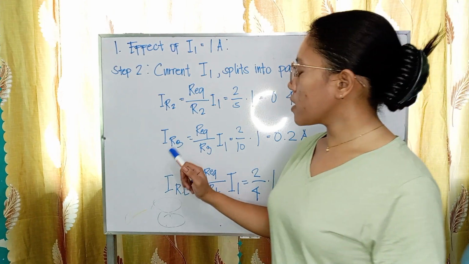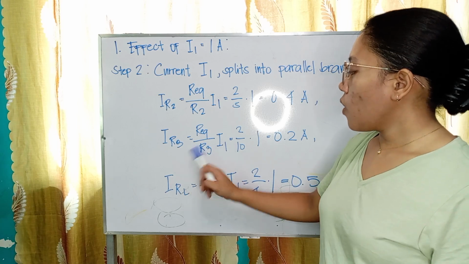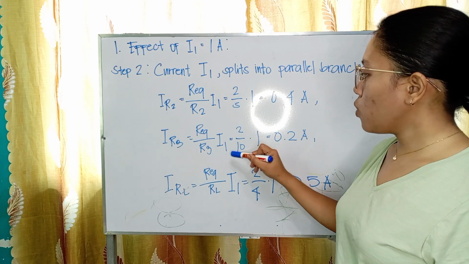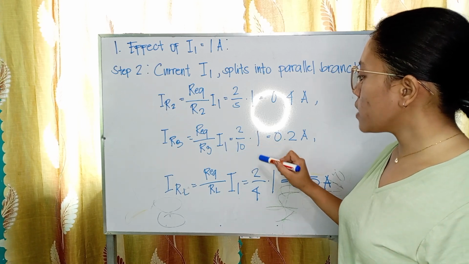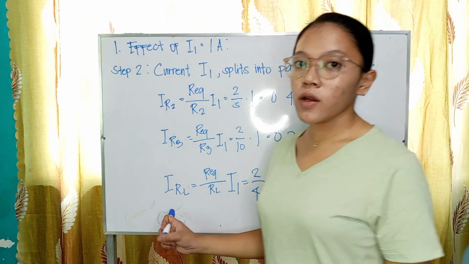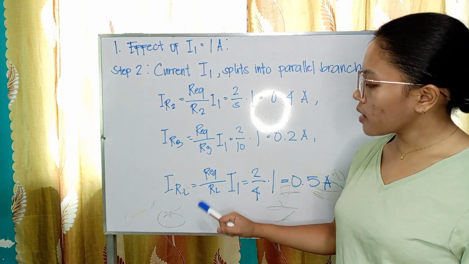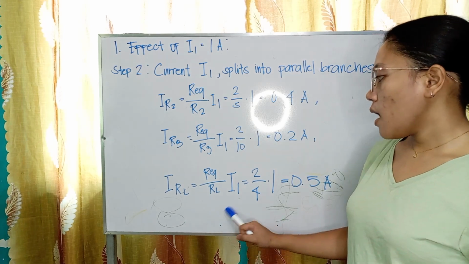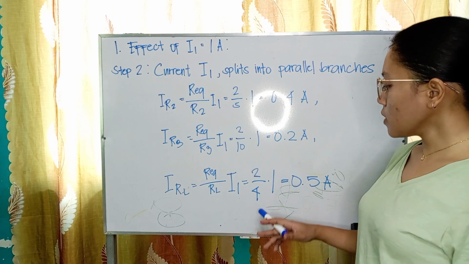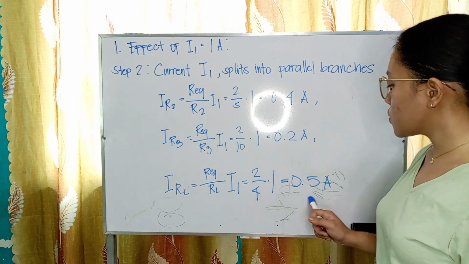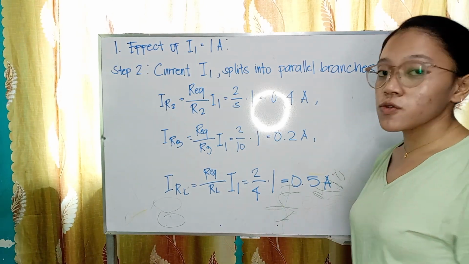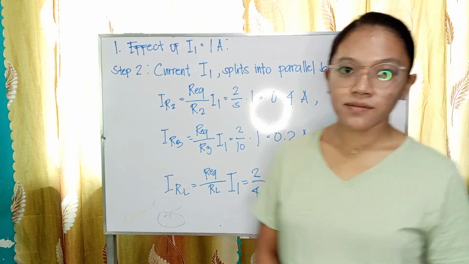For R sub 3, it is equal to R equivalent over R sub 3 times I sub 1, equal to 2 over 10 times 1, which is equal to 0.2 amperes. And for R sub L, it is equal to R equivalent over RL times I sub 1, equal to 2 over 4 times 1, which is equal to 0.5 amperes.